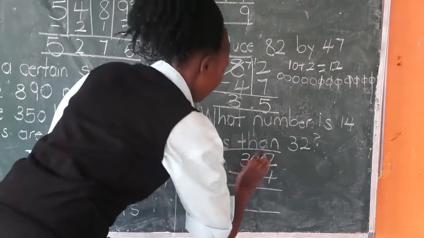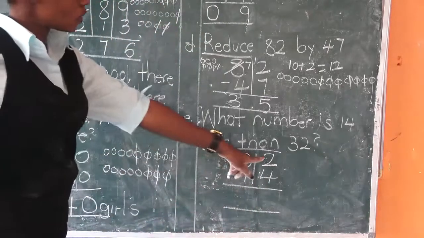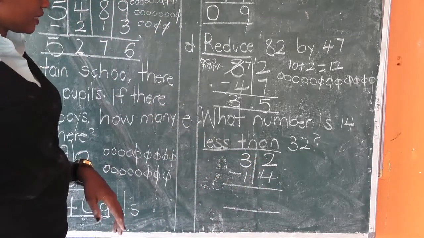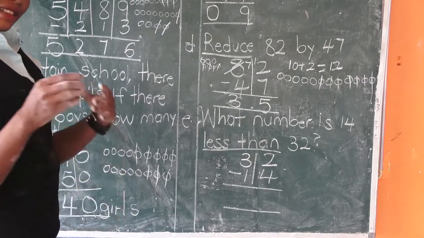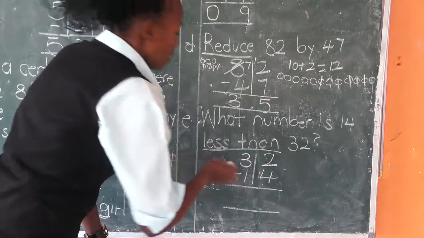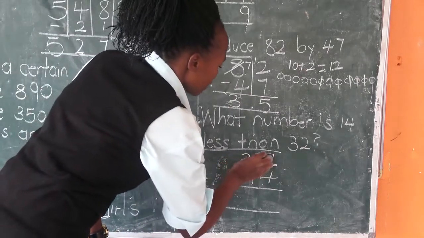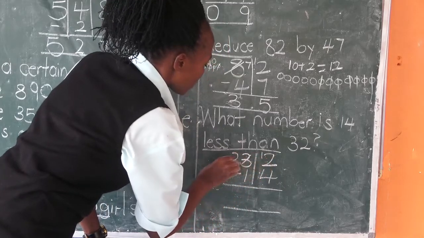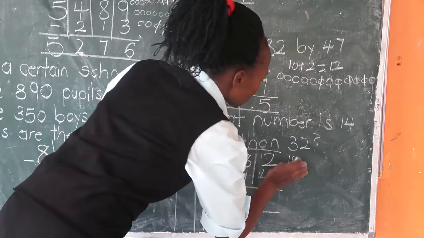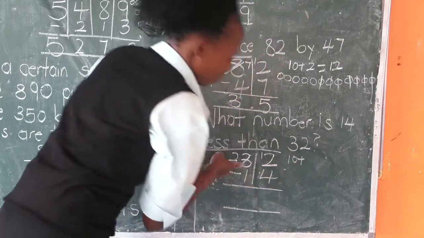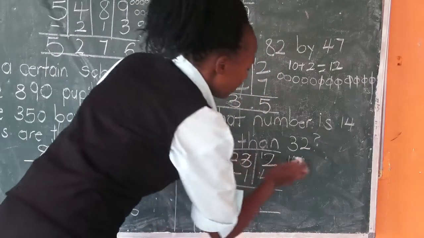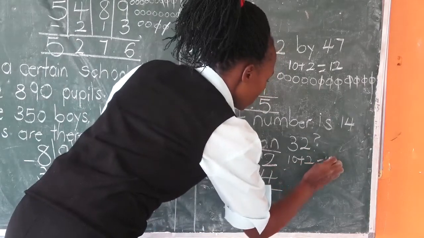Our line in the middle first. Now we have 2 take away 4. What you are going to do first, still, you are going to borrow 1 and add it there. Here we shall remain with the 2. Then 10 plus 2, the 1 ten got from this place value, 10 plus 2 shall remain with 12.